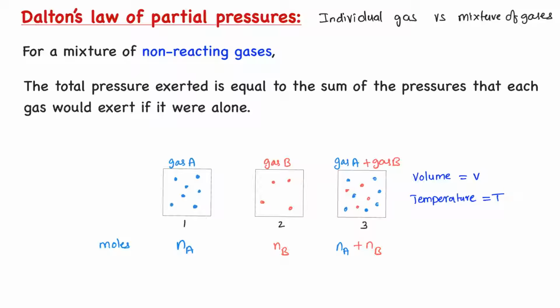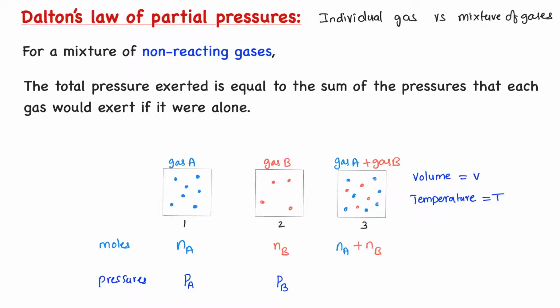Since the number of moles in each container are different, the pressures will be different. The pressure inside container 1 is Pa, which is the pressure exerted by gas A alone. The pressure inside container 2 is Pb, which is the pressure exerted by gas B alone.